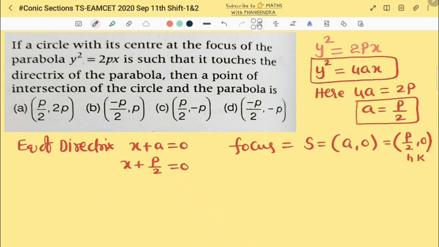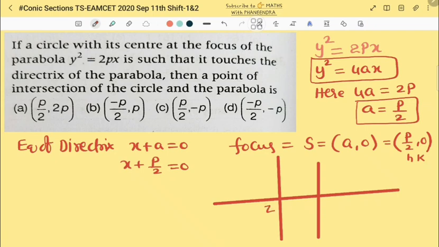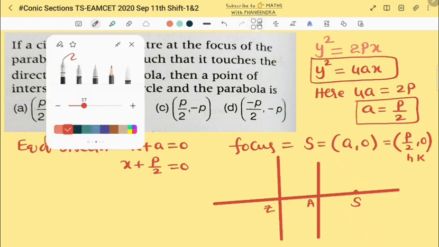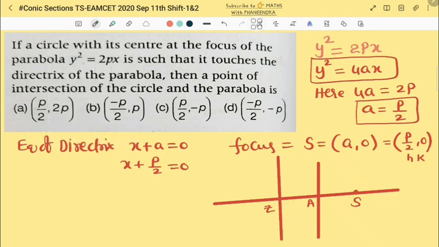So center, whenever the equation of circle has center h, k, and radius we can take it as p. Why? Because the figure will come like this, dear students. Observe carefully. This is Z, this is A, this is the focus. Then you will get the idea.